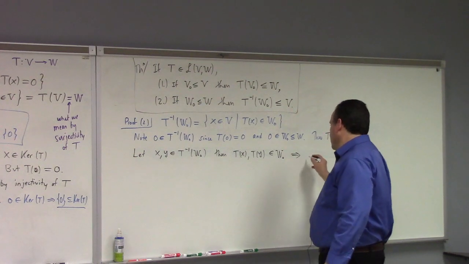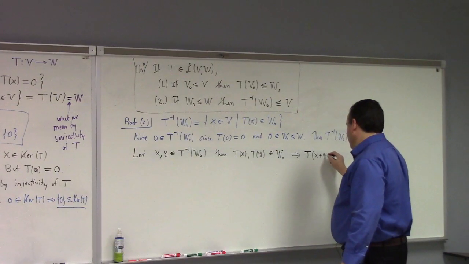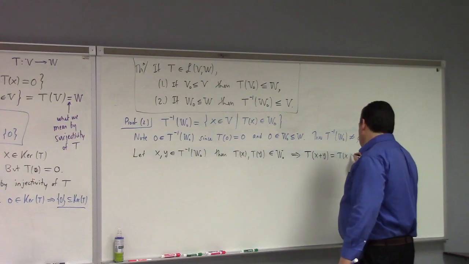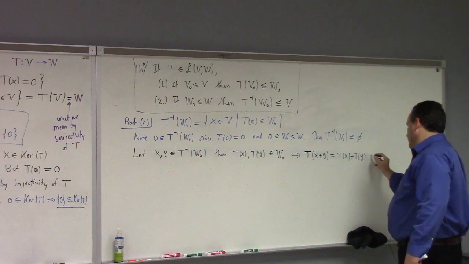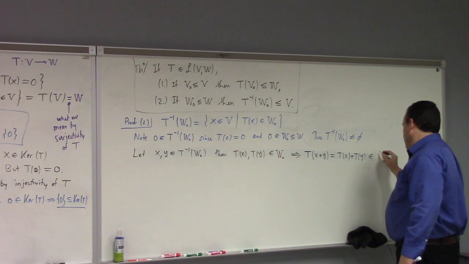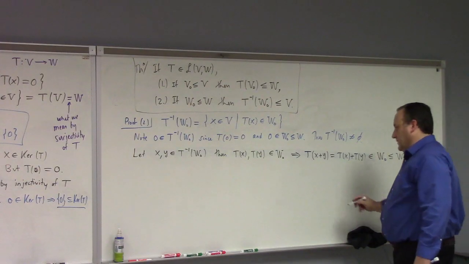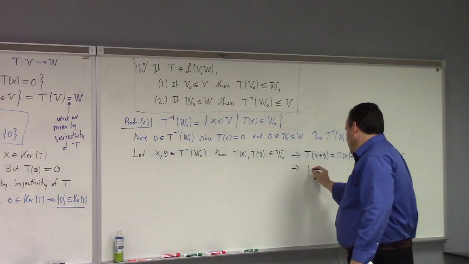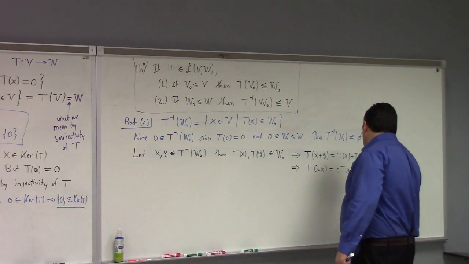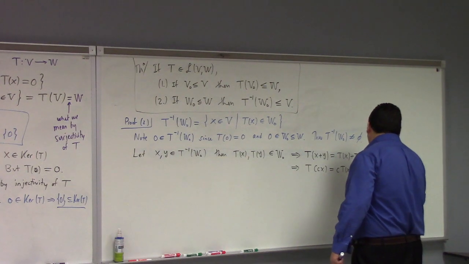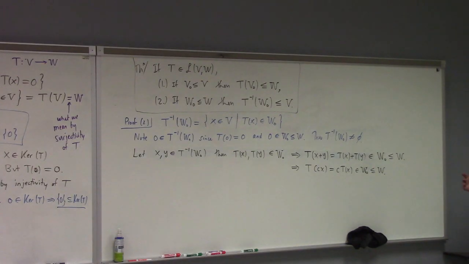Which means that T of x plus y, which is T of x plus T of y, is an element of W naught, which is, by the way, a subspace of W. And also, T of cx is c times T of x, is also an element of W naught, because it's a subspace of W. Do you see what I'm saying?